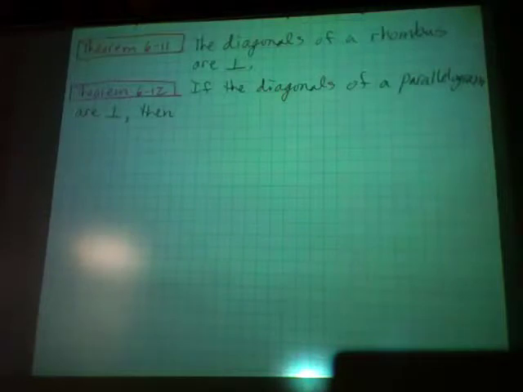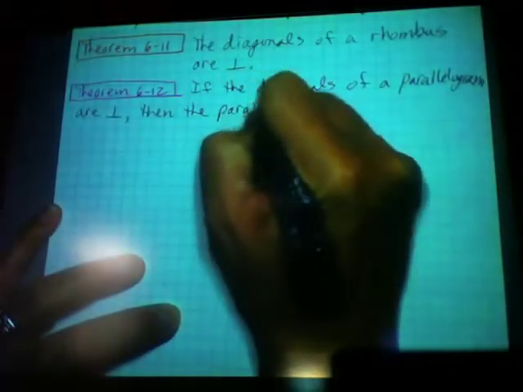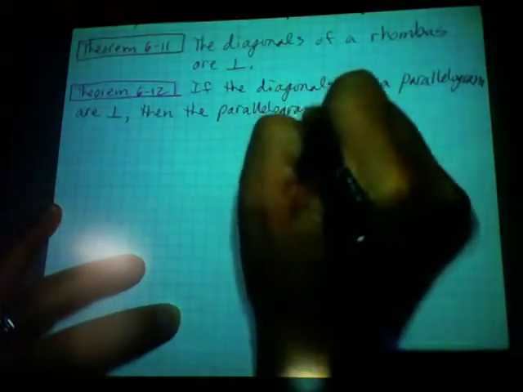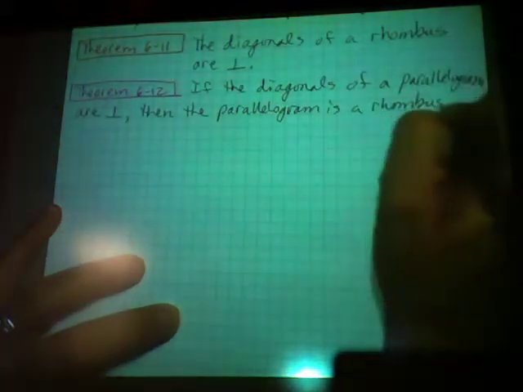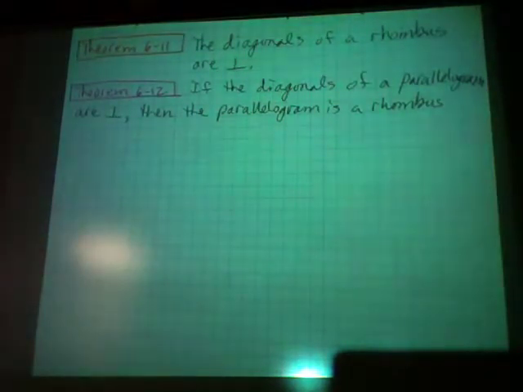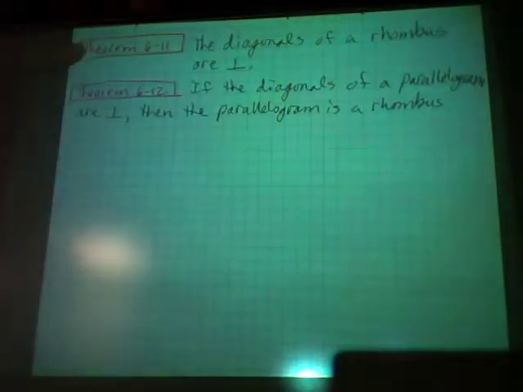That it's a rhombus. Then the parallelogram is a rhombus. So theorems 6-11 and 6-12 are related to each other. Well, they're not exactly converses. But theorem 6-12 uses theorem 6-11 to say, okay, now if I find a quadrilateral that has perpendicular diagonals, I can now assume it's a rhombus.